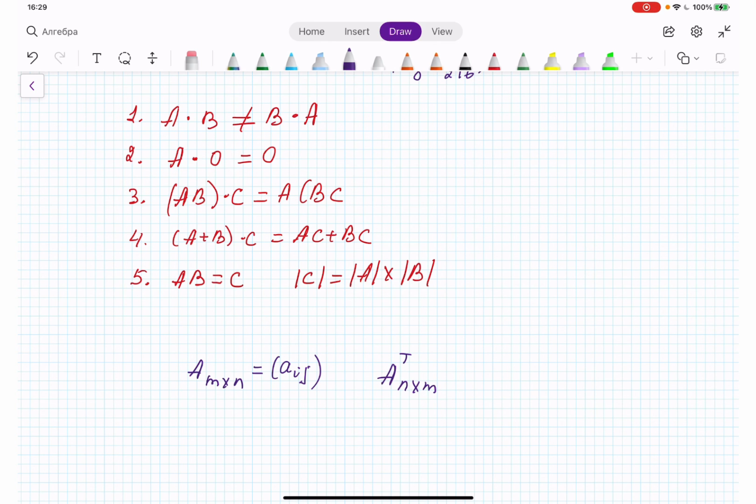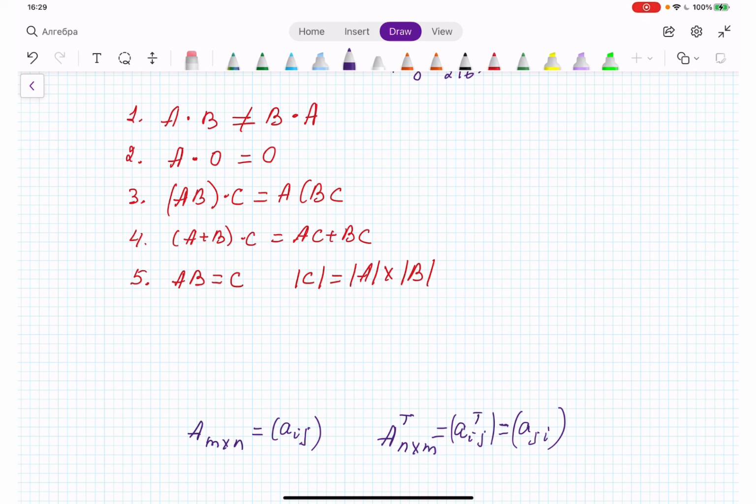Column becomes row, row becomes column, right? With the elements a_ij transposed, which means it's going to be a_ji. Obviously, column will become row. All right, so let me write down here the transposed matrix.